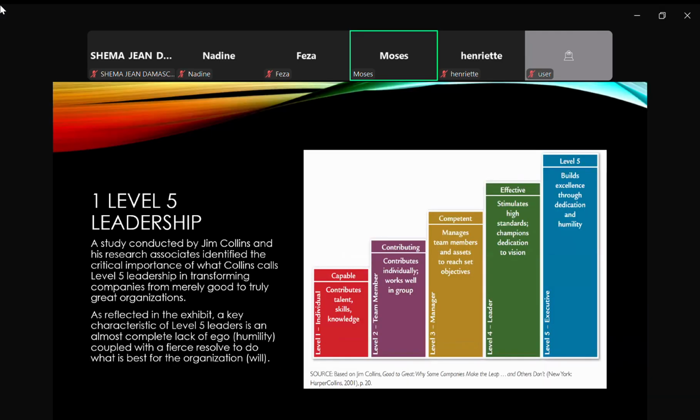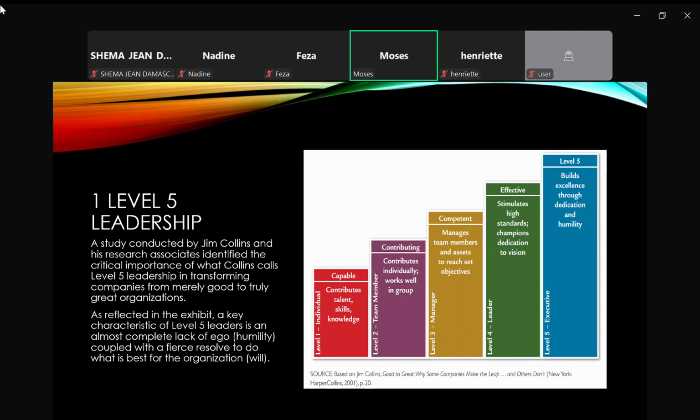Now, the first one is Level 5 leadership. Level 5 leadership is a concept that was coined by Jim Collins in his book, From Good to Great. It talks about how leaders improve from becoming capable to level 5.